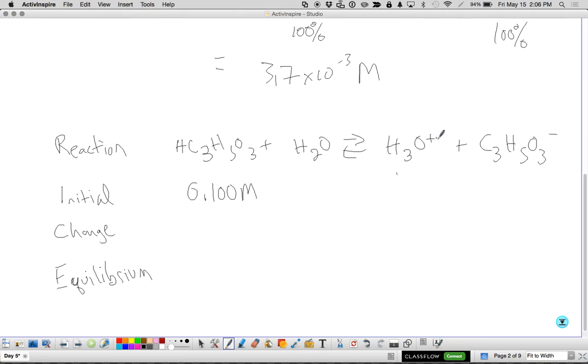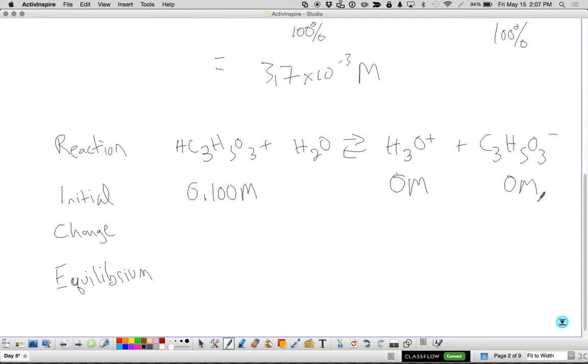Well, what about our initial conditions of H3O+ and C3H5O3-? I'll ask you again, what are our initial conditions of the products before the reaction has even started? You should come up with 0 molar, right? We don't have any products before the reaction started. The whole point of the reaction is to make products. So we have 0 molar for the products.